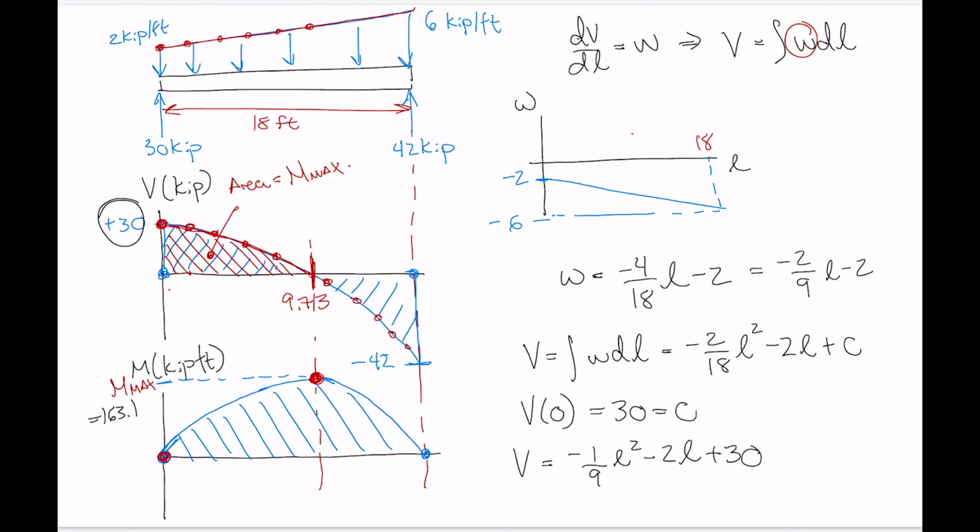Just writing the equation for the distributed load, linear line, easy equation to write, integrate that to get the quadratic curve for the shear, or the equation of the shear curve, and then set it equal to 0, figure out where it crosses the x-axis, then integrate between those 2 points to get the maximum moment.